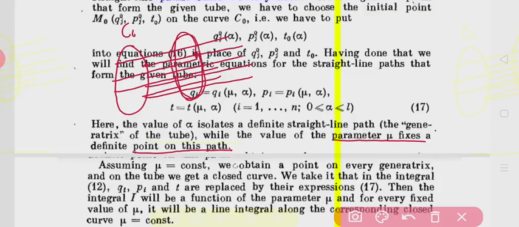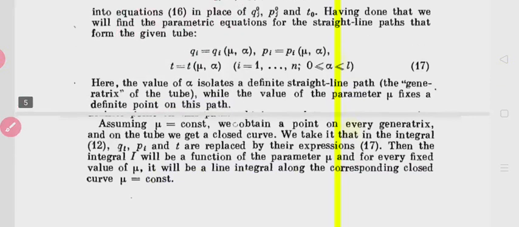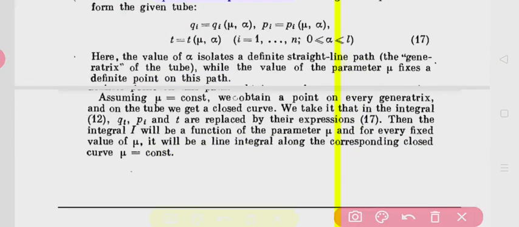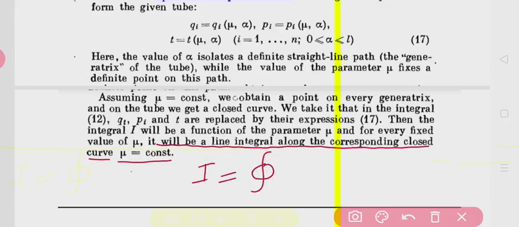So you will get that closed curve, an arbitrary closed curve. When mu is equal to constant, it will be a line integral along the corresponding closed curve. So what was that integral? I was the sum of pi delta qi minus h delta t. Over here, we are considering mu constant, and alpha was the given value.